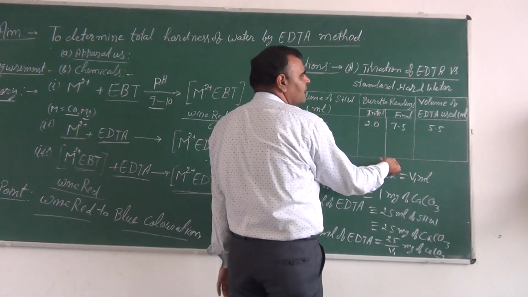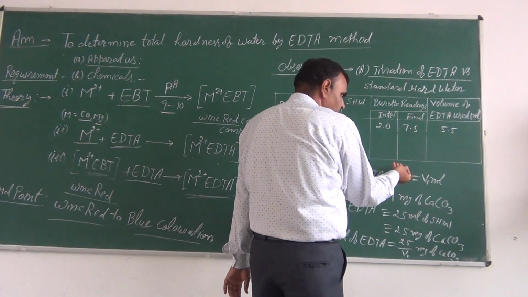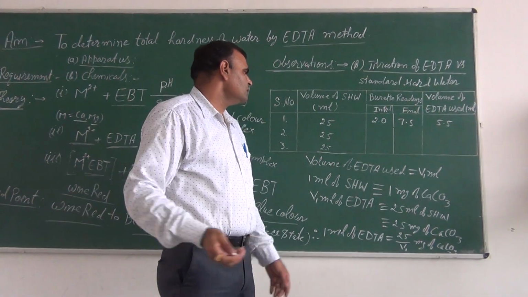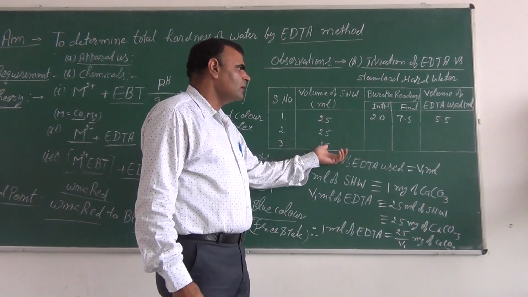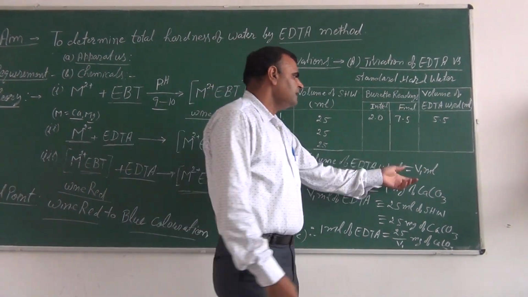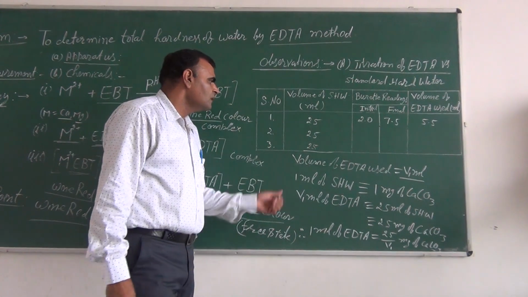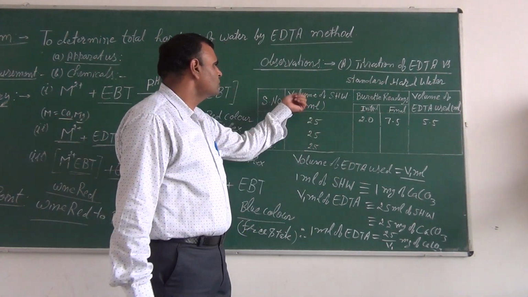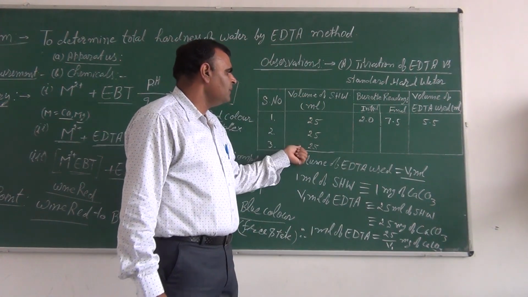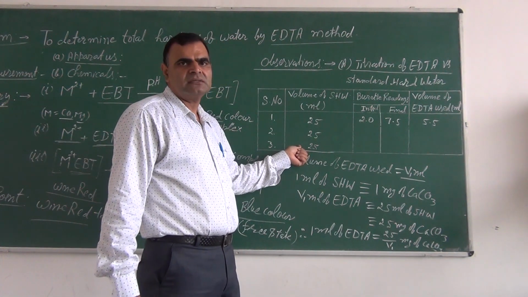Similarly, we will repeat another titration with the same solution and we will get a concordant reading. Let V1 ml of the EDTA be used to titrate 25 ml of standard hard water.